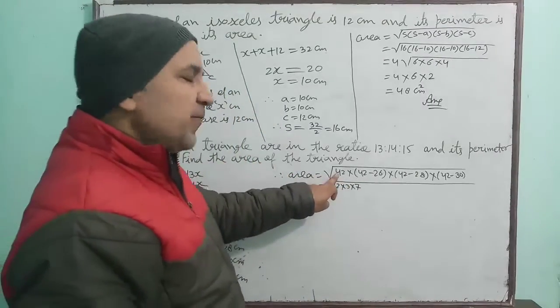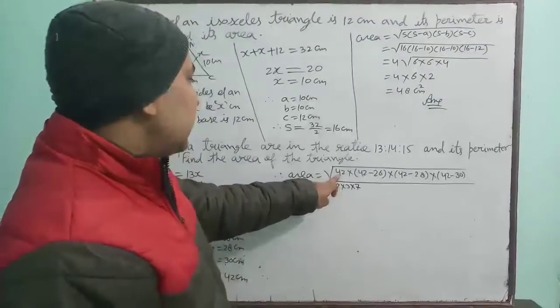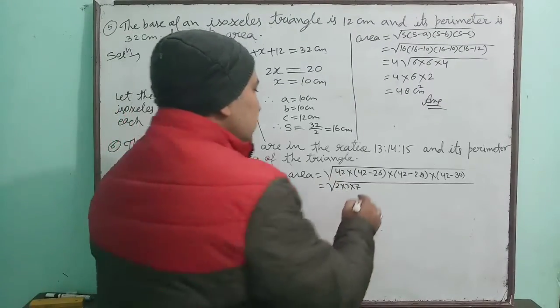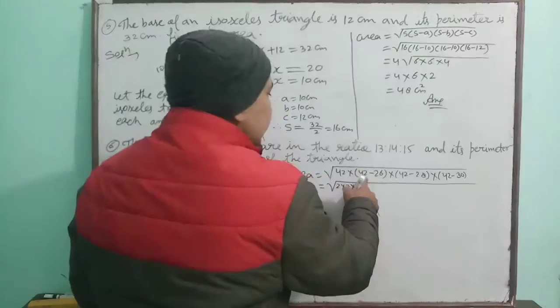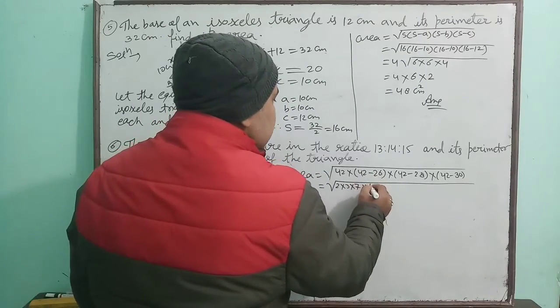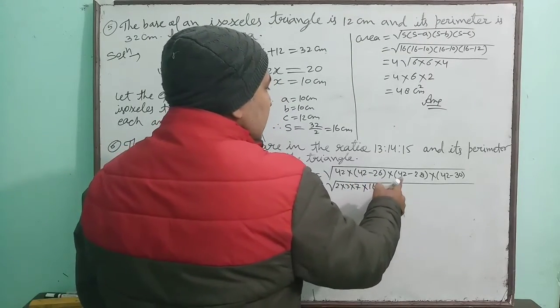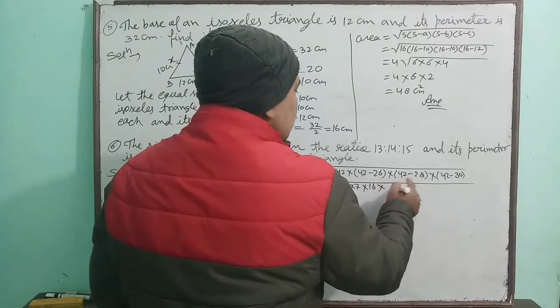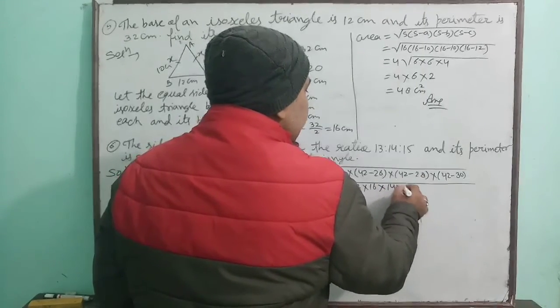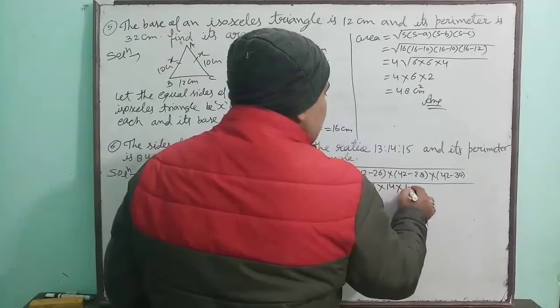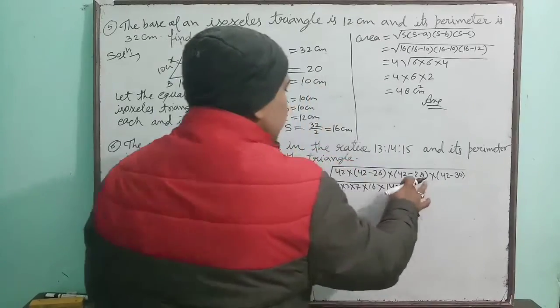I am doing the prime factorization. Prime factorization of 42 is 2 into 3 into 7. 42 minus 26 is 16. 42 minus 28 is 14. 42 minus 30 is 12.